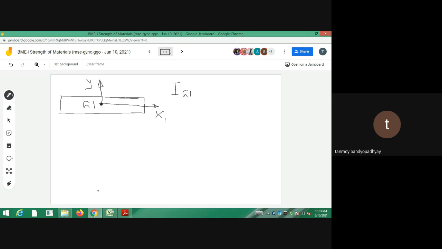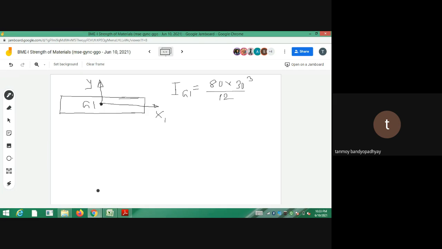IG1 is the moment of inertia of rectangle 1 about an axis passing through its centroid G1, or about its own centroidal axis. If it were a free rectangle, what is the moment of inertia about its own centroidal axis passing through the point G1? The formula, we know, is B D cube by 12. So B is your 80, into D cube, which was your 30 cube. B D cube by 12.